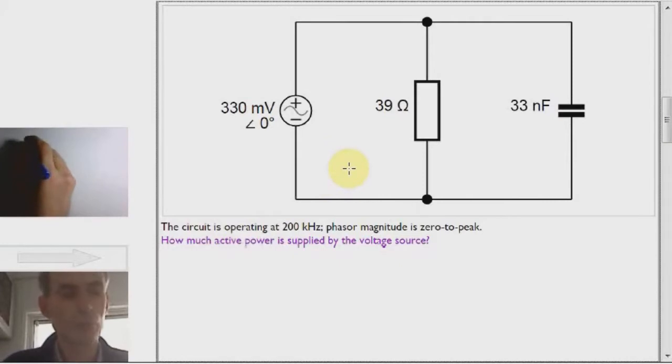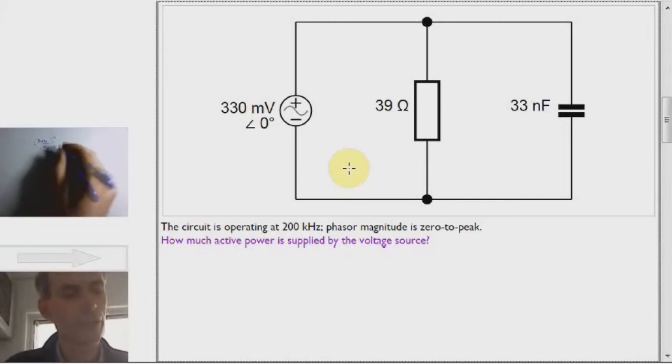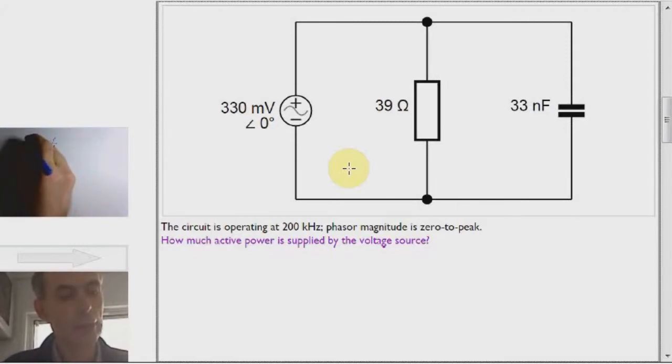I can just do this one by taking 330 millivolts, that's my voltage, square it, divide by 2 because I'm using 0 to peak phasors, and divide by 39, and that would be my active power.